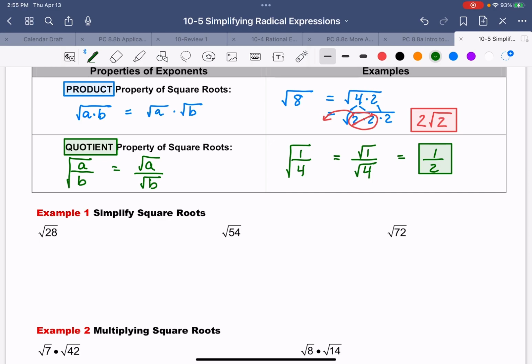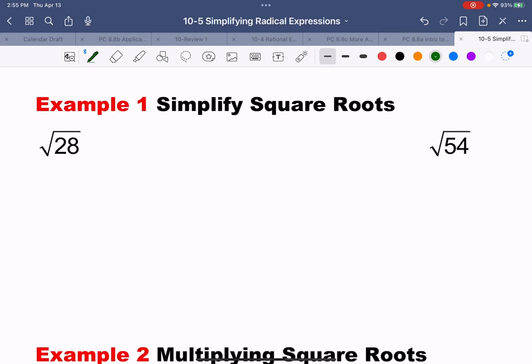Let's look at some other examples here, simplifying square roots. Our goal is to break this down into prime factorization. It does not matter what two numbers you start with. I like to put the square root over it so I don't forget. That's super important. I'm going to start with 2 times 14.